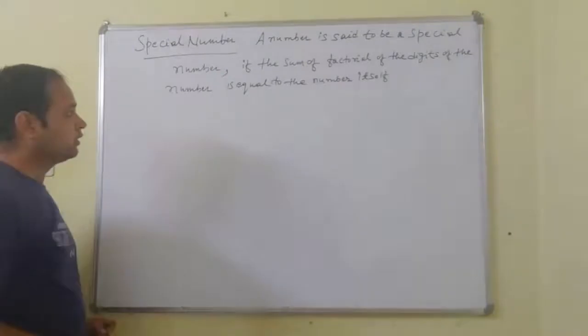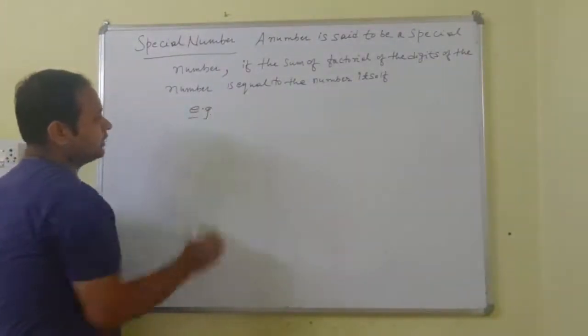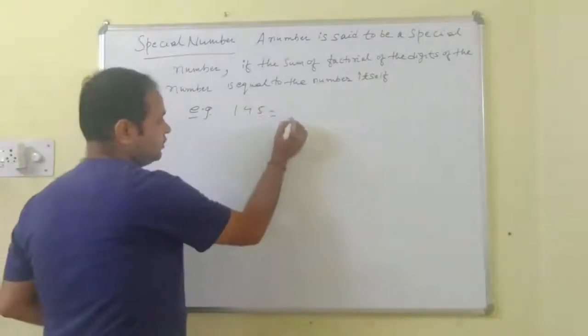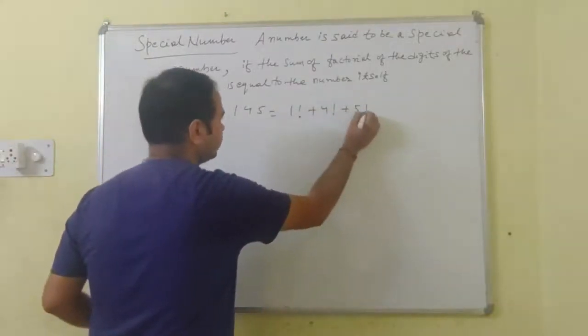Okay. For example, suppose I take 145. That means we need to find 1 factorial plus 4 factorial plus 5 factorial.